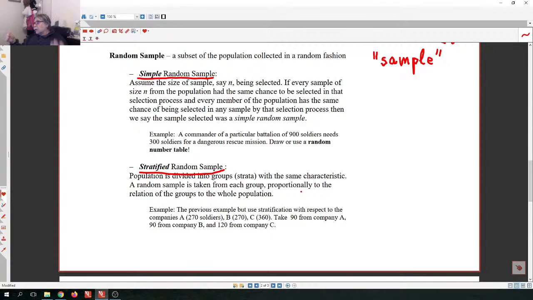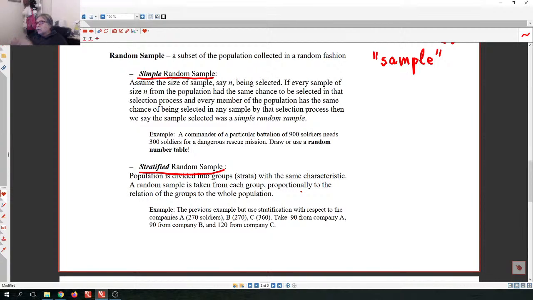So if I had information from the past that 48% of the voting population are males and 52% are females, I want to have in my sample 52% females and 48% males. So I'm not going to just collect at random from a population. I will first divide the population into females and males, and I'm going to say, if I want to have 100 people, 52 must be females, 48 must be males, because I know that in the last election that was the distribution of gender. And I would do the same thing with age.